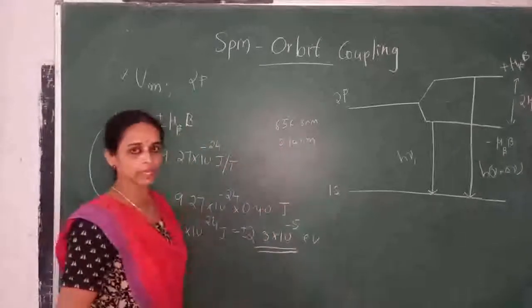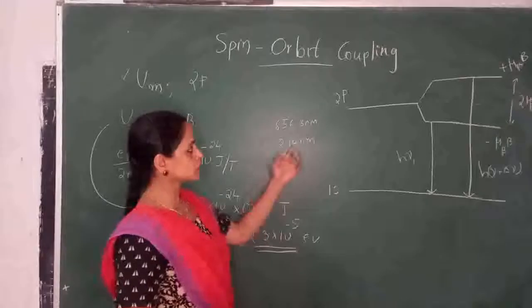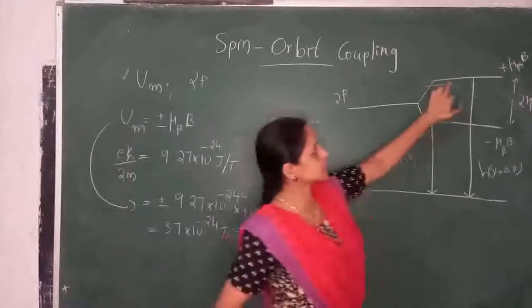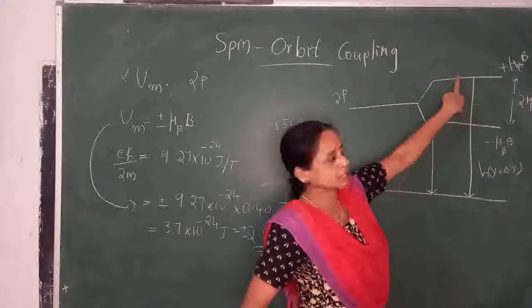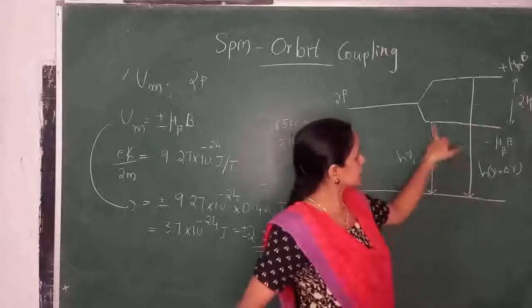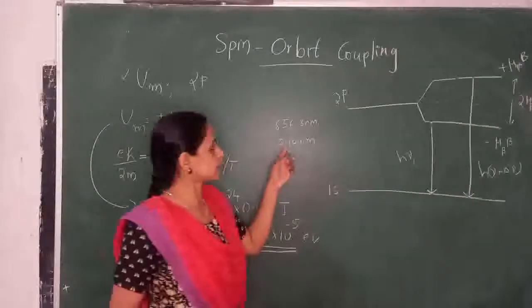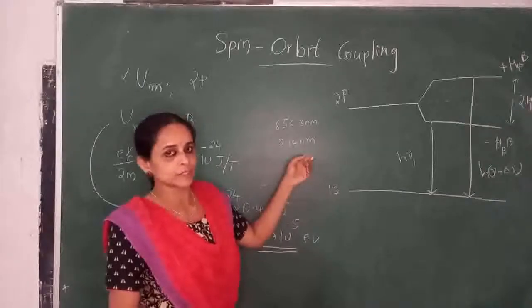This thing we have already talked about in the beginning of the chapter. So this difference is due to this splitting of the spectral lines. When this energy minus this energy is taken, it corresponds to some 0.14 nanometer in the case of the Balmer spectral line.